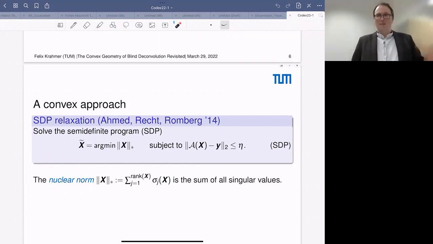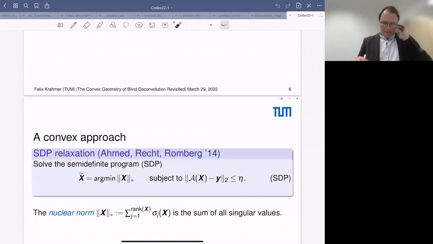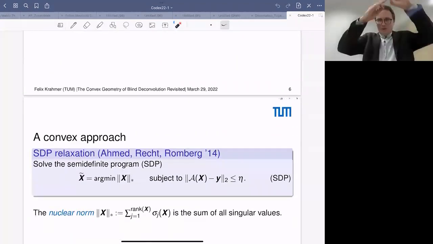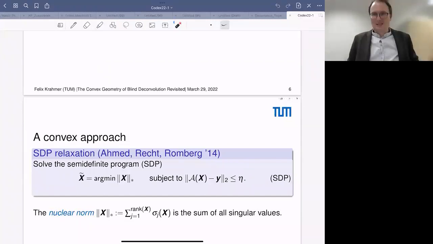Some of you may remember this type of intuition of relaxation from works in compressive sensing, where you have sparse signals and then you get the L1 norm. And here you can think of this as really being analogous, because if a matrix has low rank, you can think of the vector that comprises all the singular values as sparse.